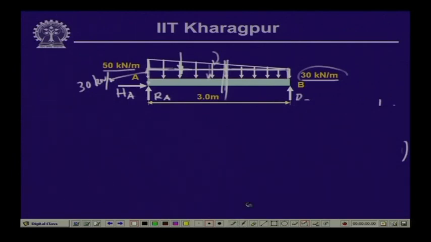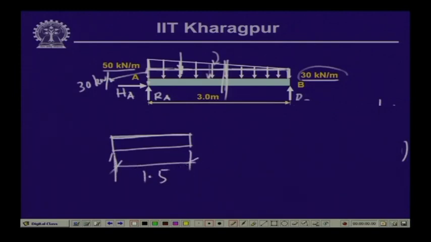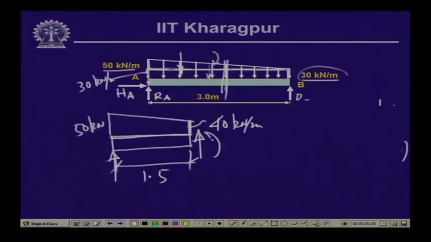Now, here we have this particular beam, which is of distance 1.5 meter, because at the midpoint we have the R A over here, and here we have the trapezoidal variation. Now, if you compute the value here, it comes as 40 kilonewton per meter, and this is 50 kilonewton per meter, and the positive shear is in this direction, positive bending is in this form. So, this is V and M.